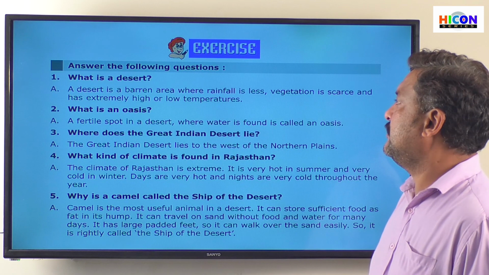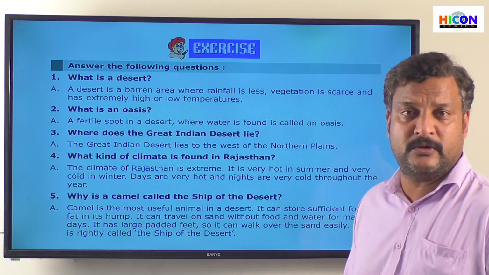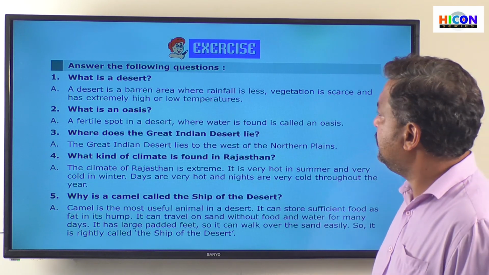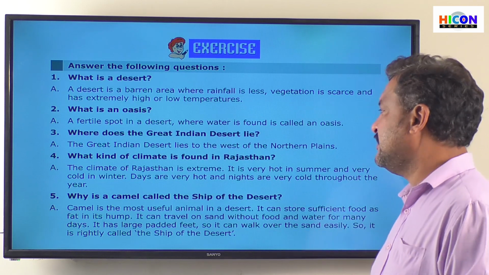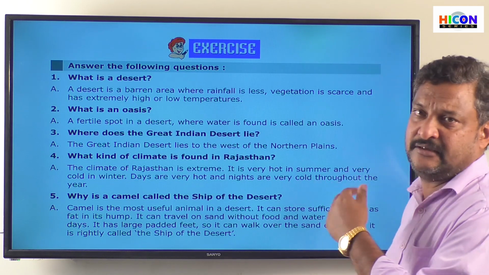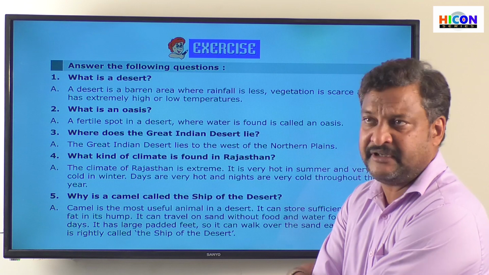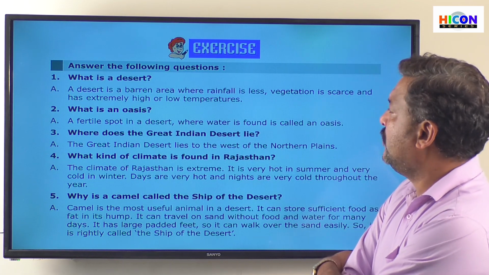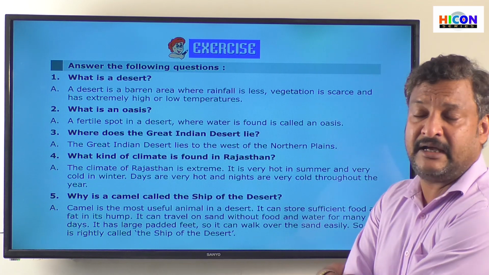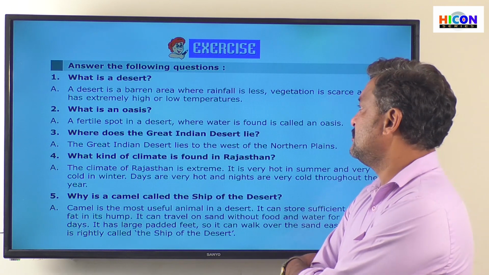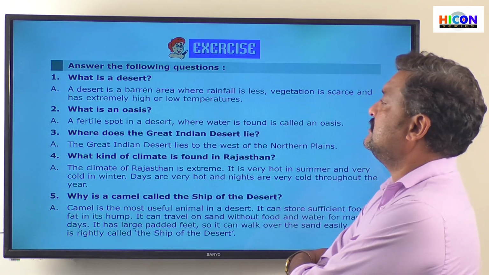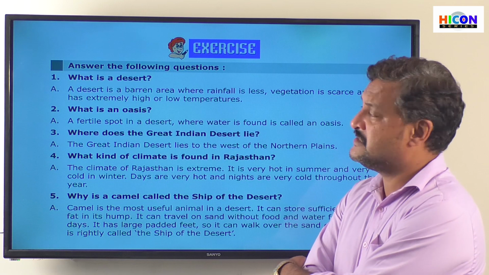Now it's time to answer the following questions. So there are 5 questions given here about this lesson regarding the Great Indian Desert that we have learned. And what we need to do is to identify the answers for these questions. So what is a desert is the first question. What is a desert?